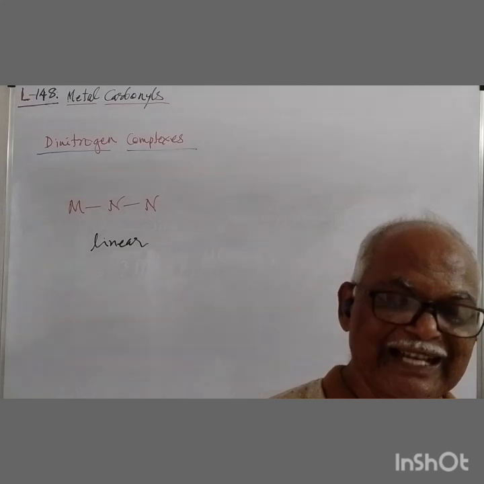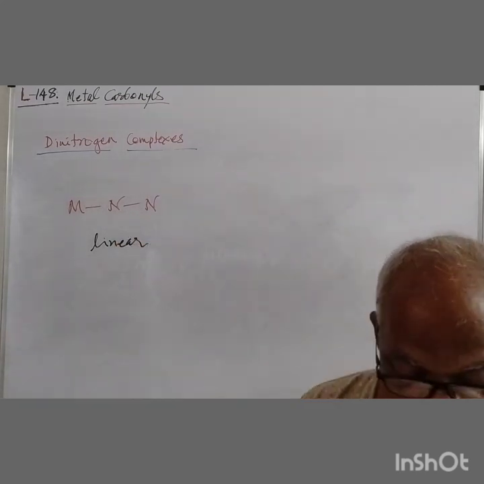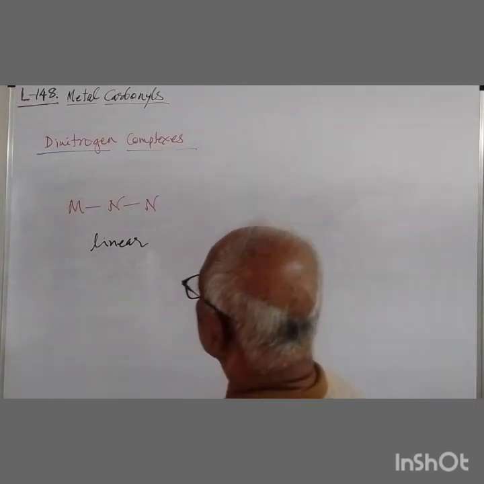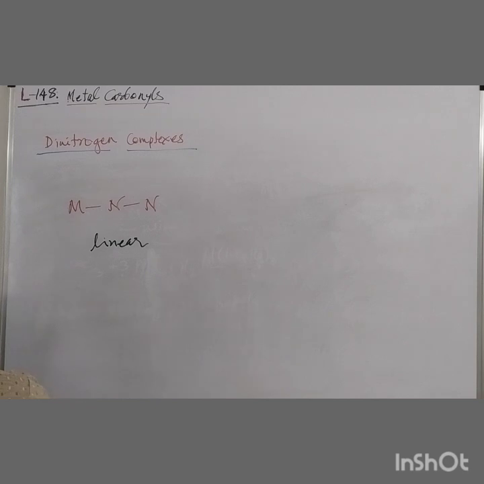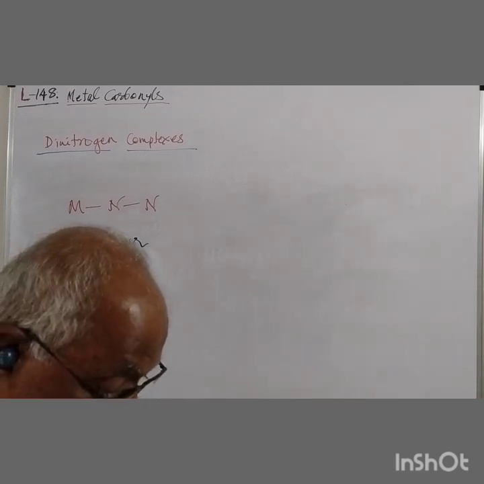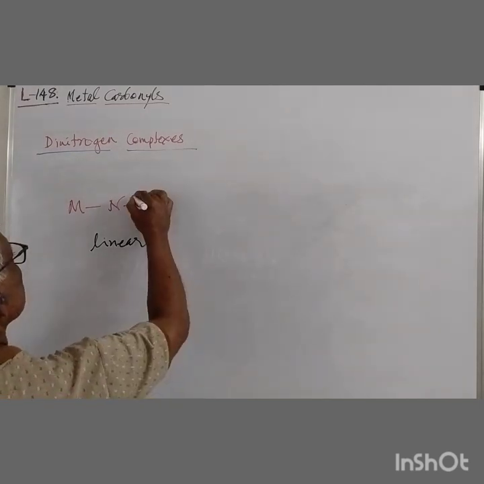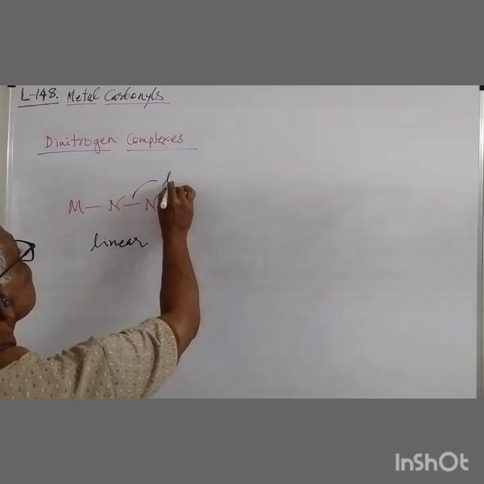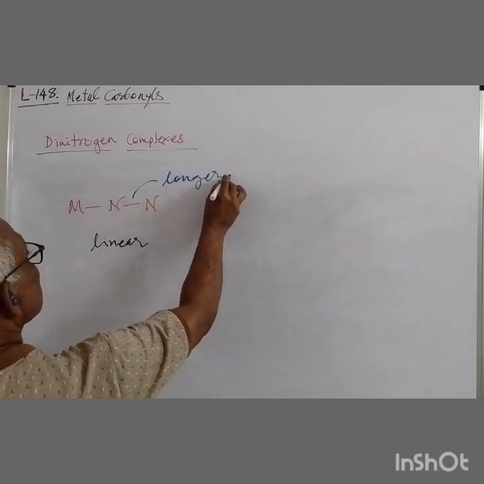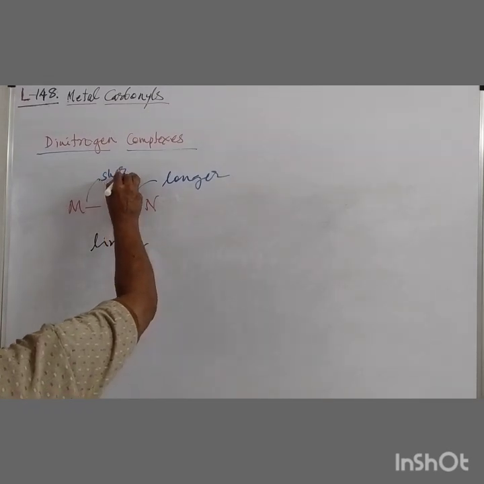Here the nitrogen-nitrogen distance in this complex is longer, whereas the metal nitrogen distance is shorter.